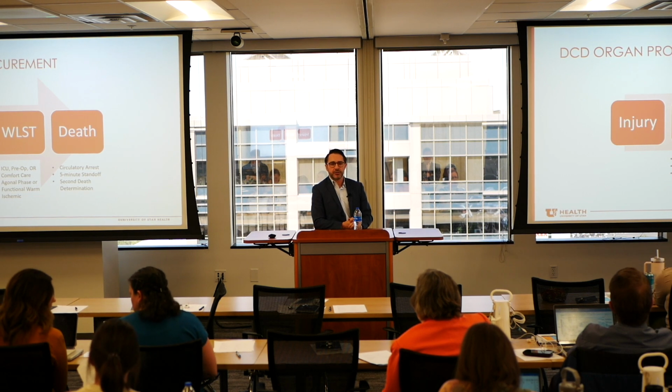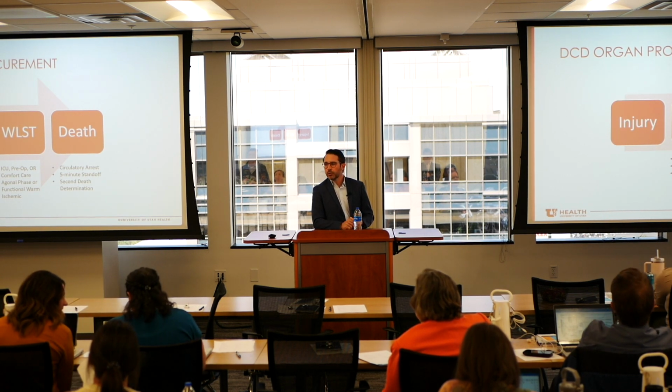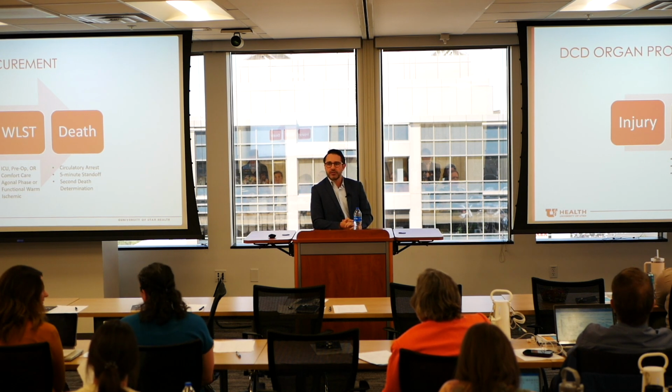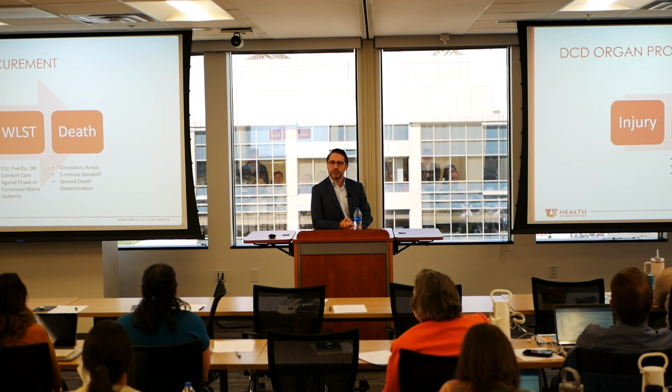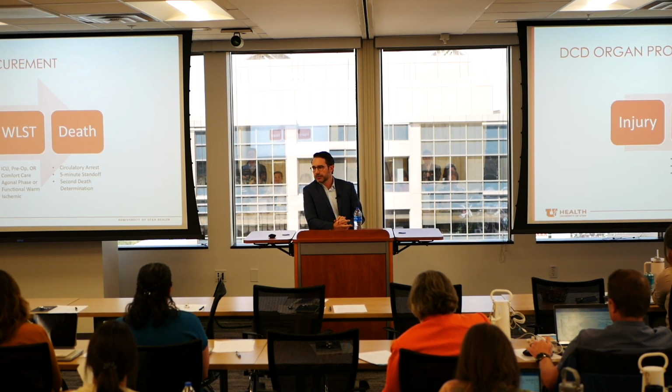There's been a devastating injury. It's usually a neurological injury, and these patients don't meet formal brain dead criteria, but there's a decision that's made between the care team and the family, or the power of attorney, to withdraw care, and they have the same kind of end-of-life care as I mentioned, but eventually they'll enter what we call an agonal phase, where their blood pressure is low or their oxygen saturation is low as they're nearing the end of life.